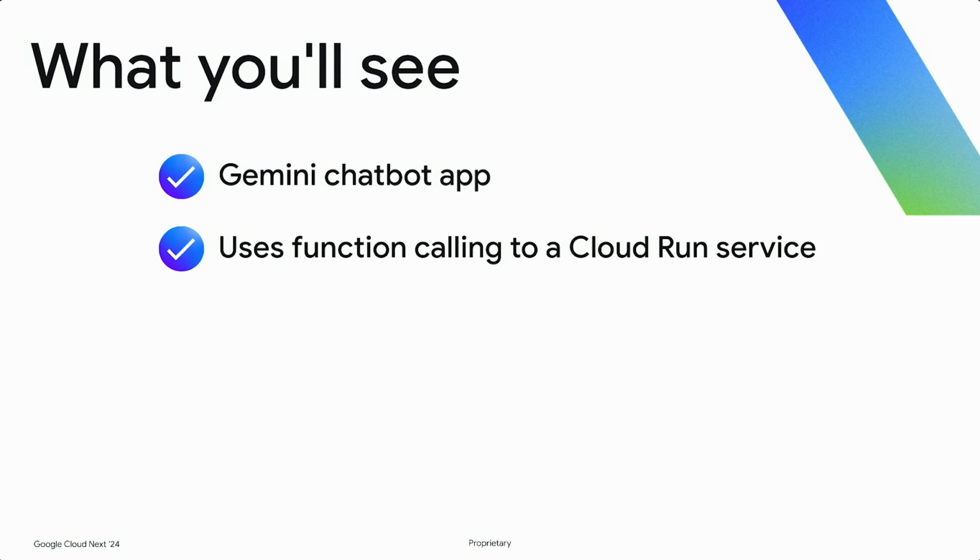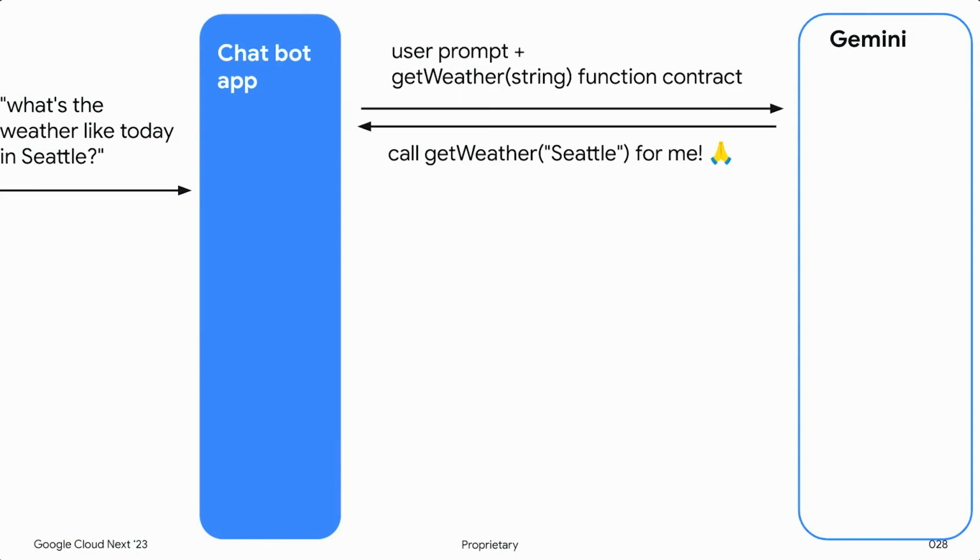We're going to go over this step by step with an illustration. OK, so first, the prompt requests the current weather at a given location. So, what is the weather like in Seattle today? This prompt plus the function contract for get weather is sent to Gemini. So then Gemini will ask the app to call get weather in Seattle on its behalf.